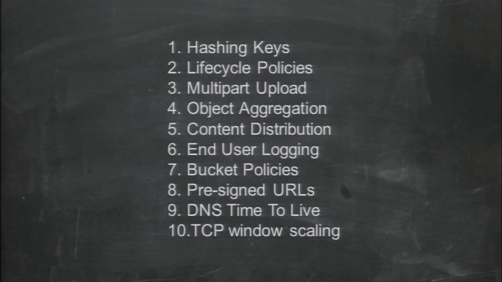Multipart upload for better bandwidth utilization, and the ability to send really large objects. I believe you can store up to 50 terabytes for a single object. Object aggregation, if it fits your use case.